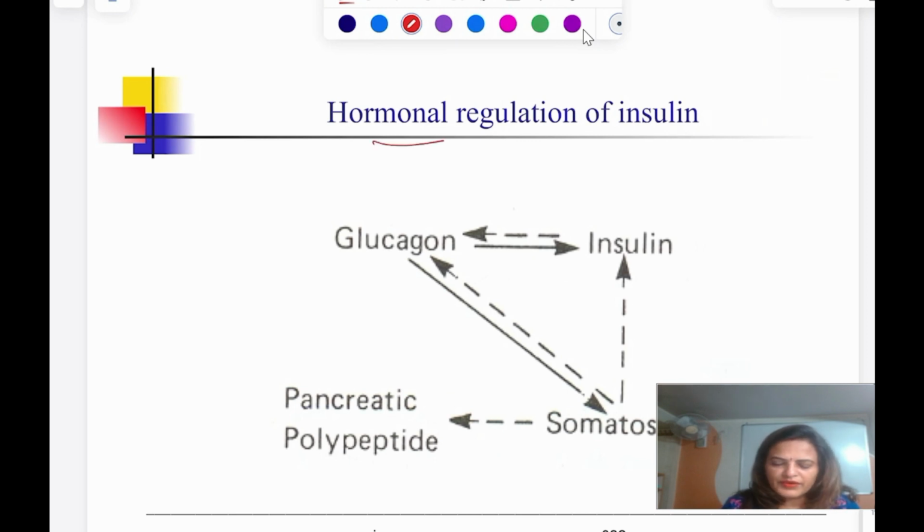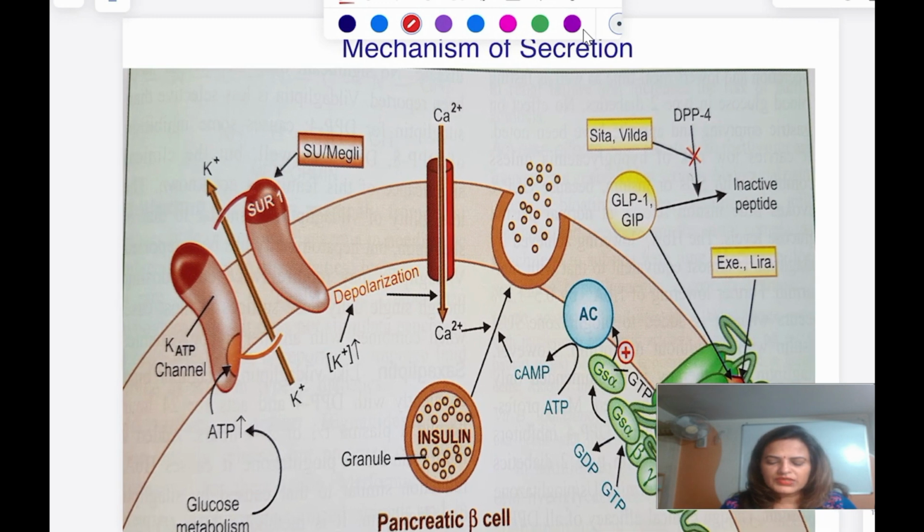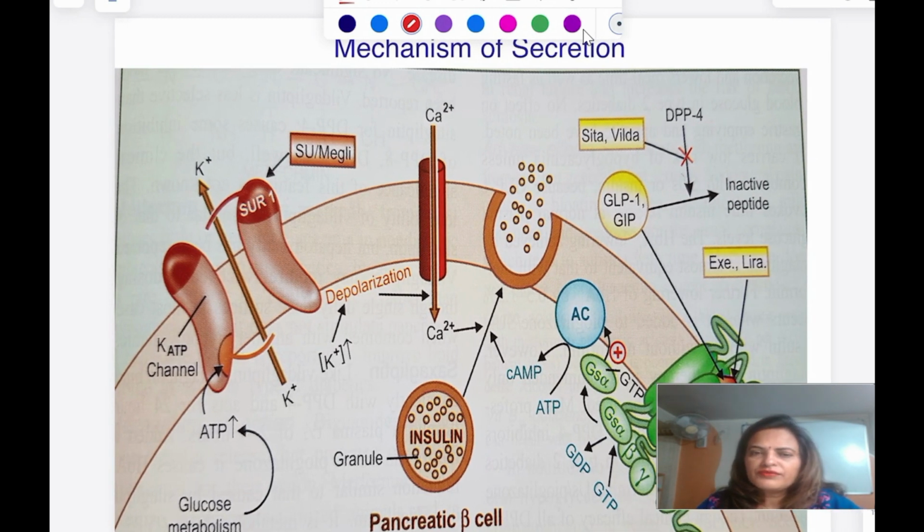This is how hormonal regulation works. Okay, this illustration I have taken from the Pharmacology book by KD Tripathi, so you can see the figure in that book. Here I'm just going to tell you this is a pancreatic beta cell.